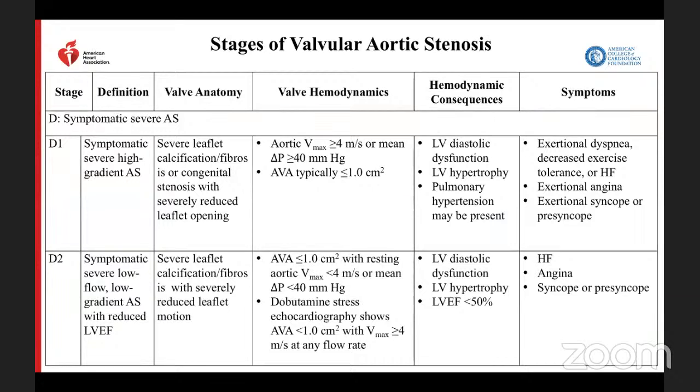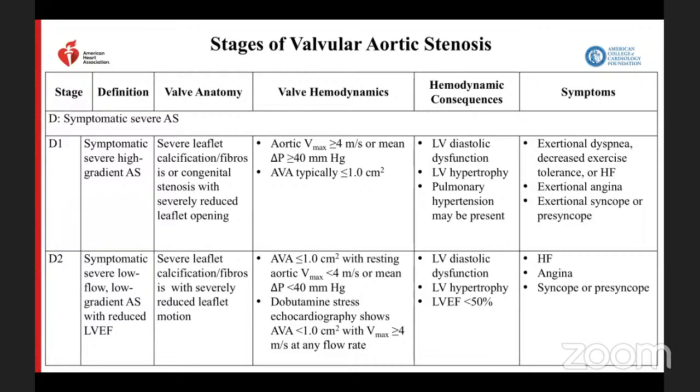Aortic valve velocity will be more than 4 meters per second, or mean gradient pressure will be more than 40. Aortic valve area typically less than 1. The patient will have left ventricle diastolic dysfunction or left ventricle hypertrophy, or pulmonary hypertension may be present. The patient will come with symptomatic exertional dyspnea, decreased exercise tolerance, or heart failure symptoms. He will come with exertional angina, exertional syncope, or pre-syncope.